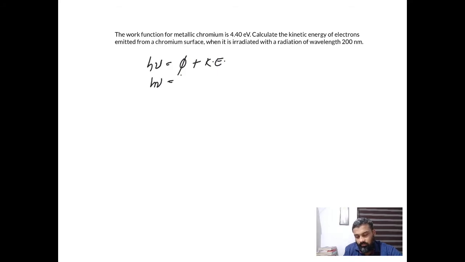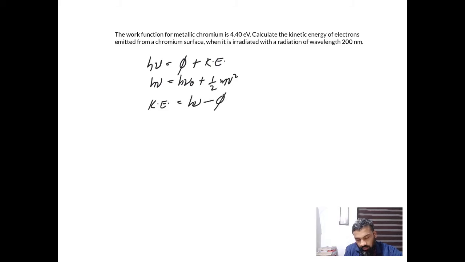So this can also be written as h nu 0. Nu 0 means the threshold frequency of this particular metal, and the kinetic energy can be represented as half mv square. Okay, so in this particular question we need to calculate the kinetic energy.